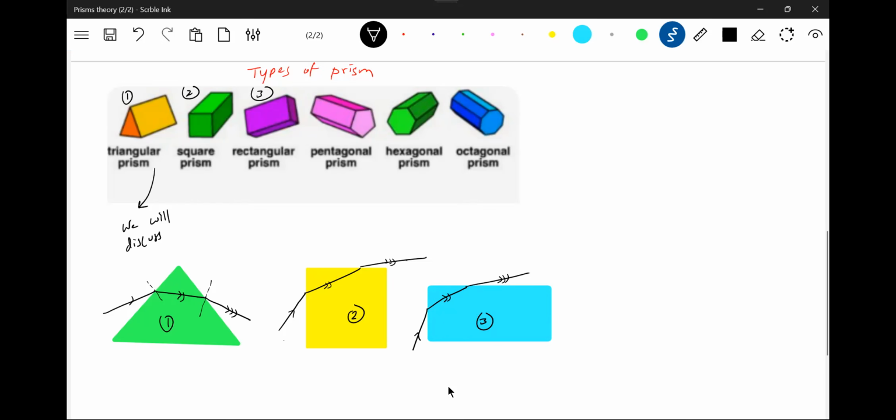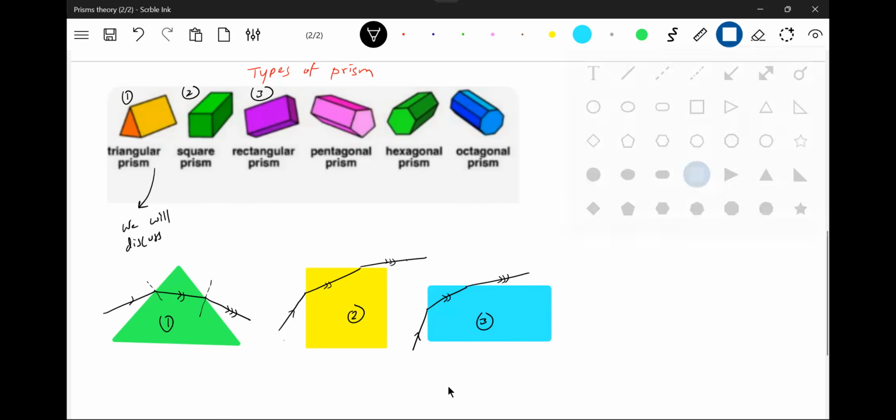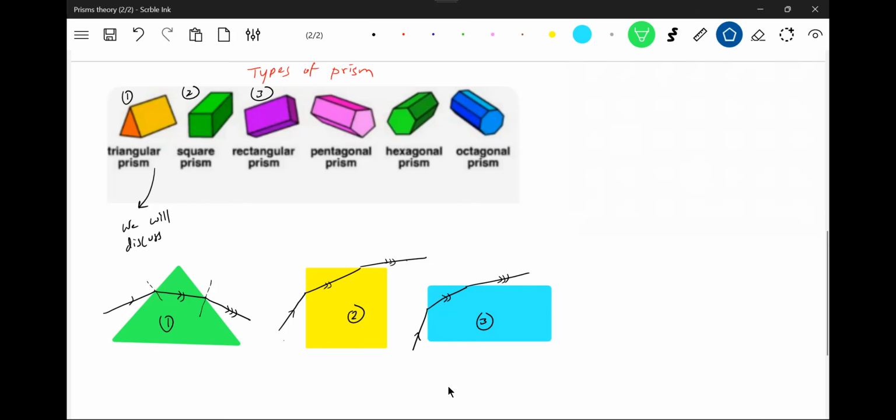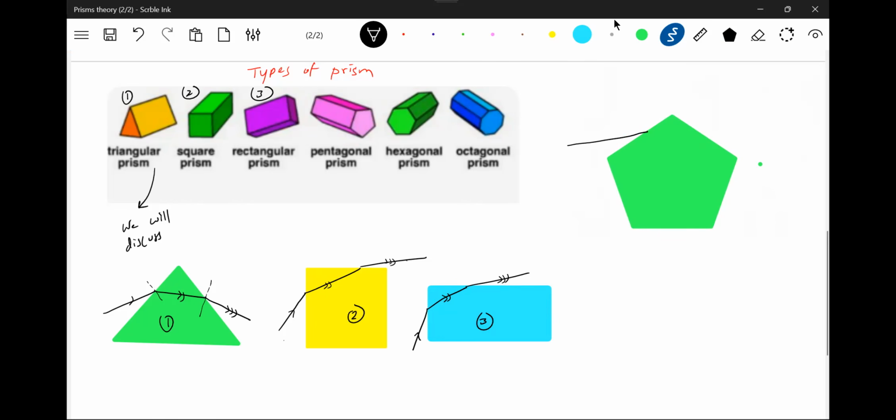Then pentagonal prism is this one. Pentagonal, five sides are there. Let me try. I do have a pentagon. So here also I can bring the idea of the ray of light which is incident will undergo refraction.